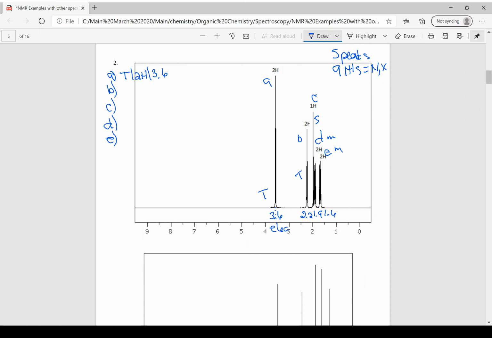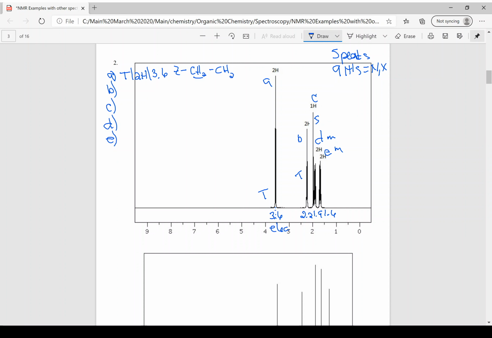So what do I think that is? In order to get a triplet, I'm going to need 2 neighbors. So CH2 is what I'm looking at, and to shift all the way to 3.6, I need to be next to somebody electronegative. I'm using the generic Z because it doesn't always have to be a halogen, it could be an oxygen. So that just means somebody electronegative.